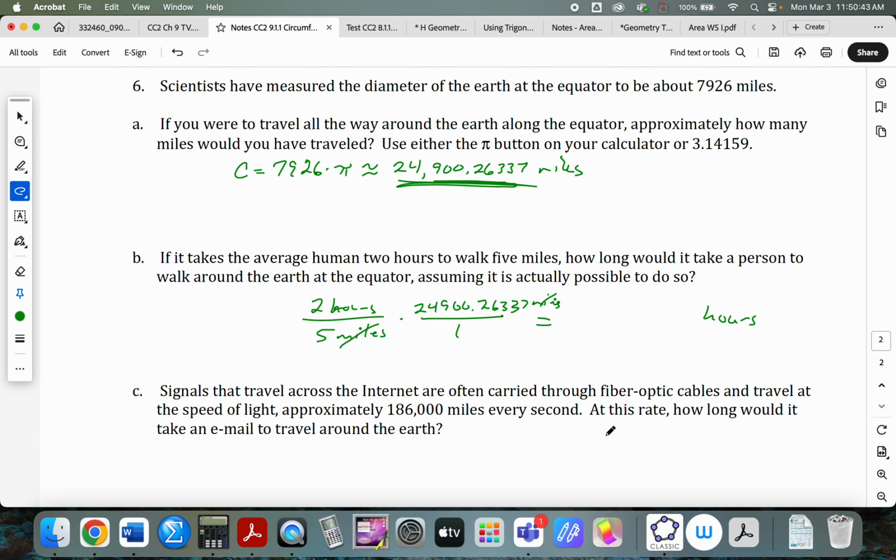So if I take that number and multiply by 2 and divide by 5, it would take approximately 9,960.105349 hours.